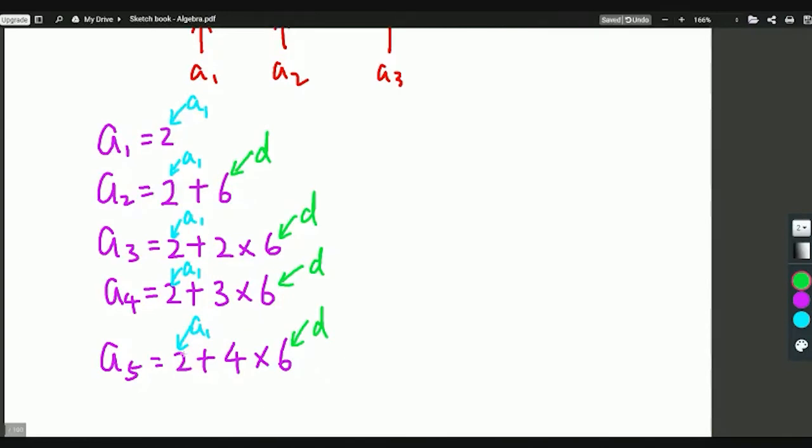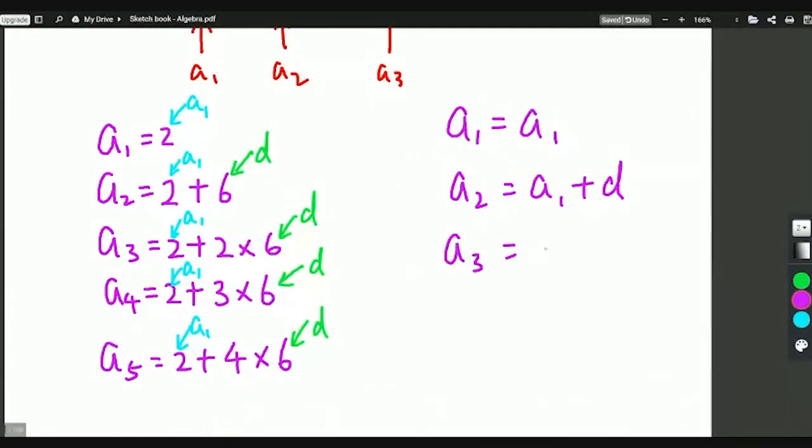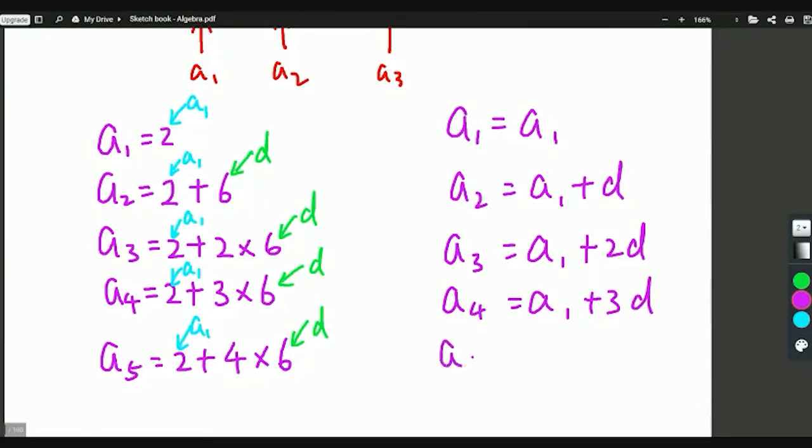So if I'm replacing the 2 and the 6, our formula should look like: A1 equals A1. A2 equals A1 plus D. A3 equals A1 plus 2 times D. A4 equals A1 plus 3 times D. And A5 equals A1 plus 4 times D, right?